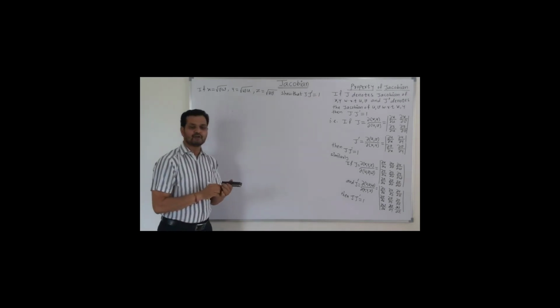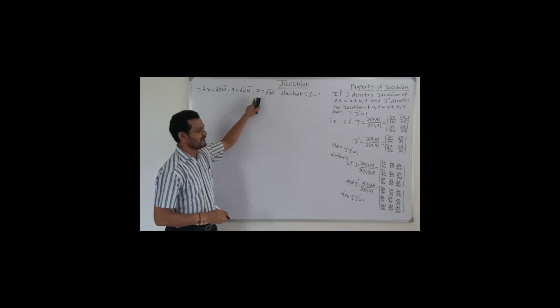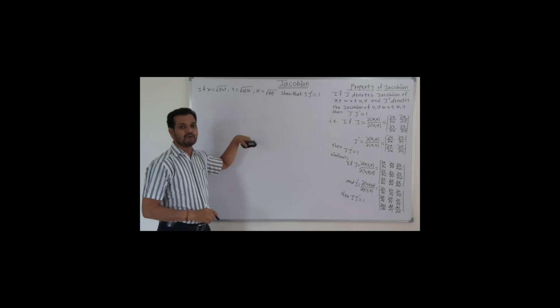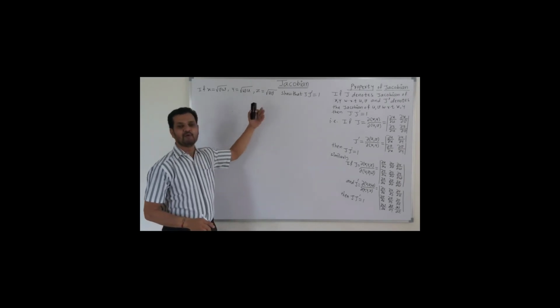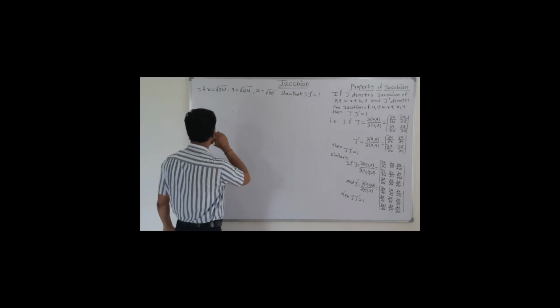That means show that the Jacobian of x, y, z with respect to u, v, w and the Jacobian of u, v, w with respect to x, y, z is 1.